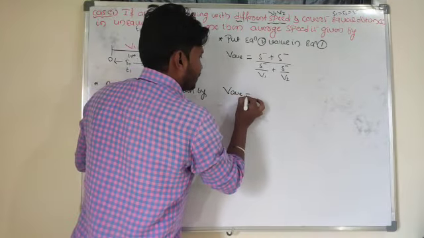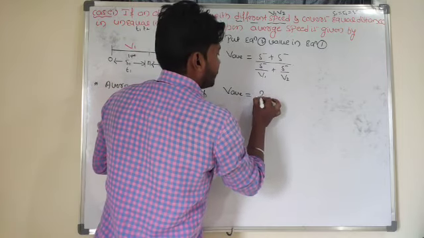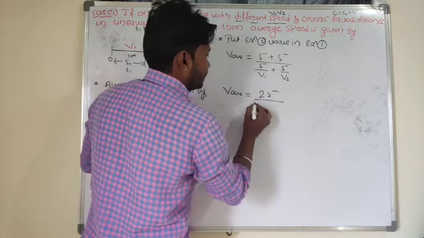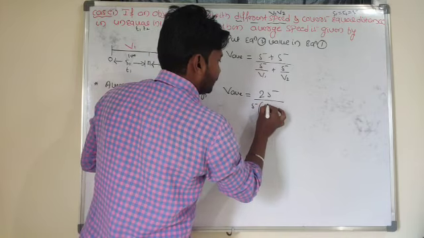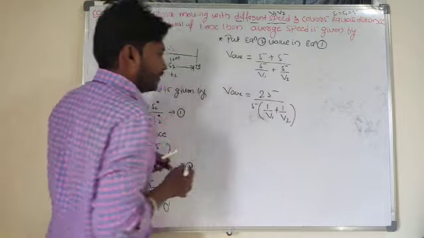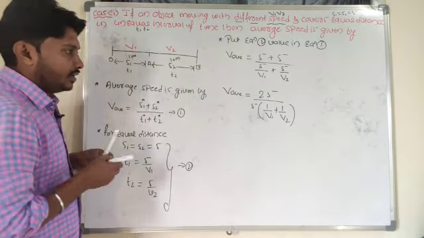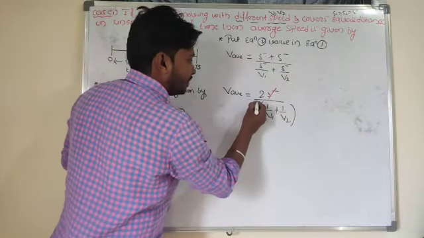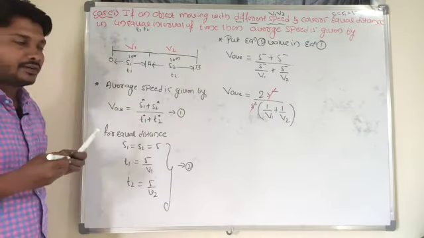So V average is equal to S plus S, 2 times S. I will take S outside in the denominator, 1 by V1 plus 1 by V2. Here the numerator consists of an S term and the denominator also consists of an S term, so it will get cancelled out.